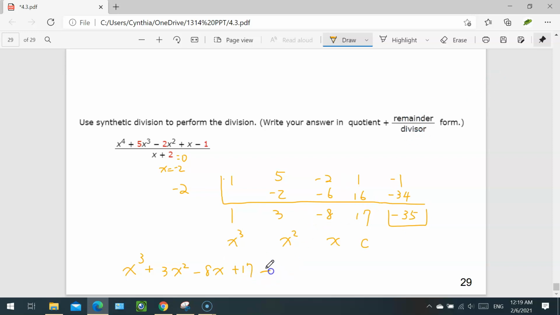Then plus your remainder, -35, over the divisor, which is x plus 2. Here you have the double sign. We just change these two signs into a single sign, putting a minus in between. And that would be the solution, the result of this question.